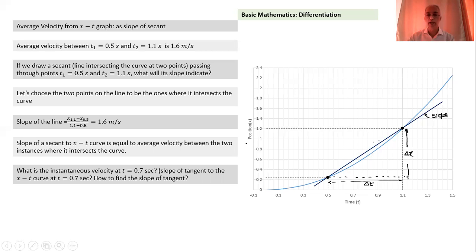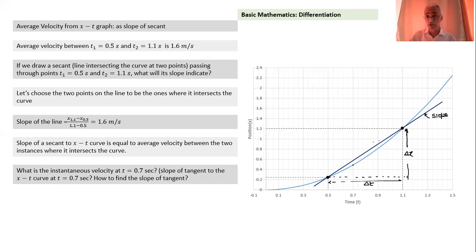So far we have talked about average velocity. There's also a term called instantaneous velocity, and note the difference between the two. When we talk about average velocity, we always mention a time interval: there's a beginning instance of time and an end instance of time. When we talk about instantaneous velocity, we are talking about only one instance of time. What is the velocity at the instant the time is equal to 0.7 seconds? Exactly at this point, not during the 2 points.